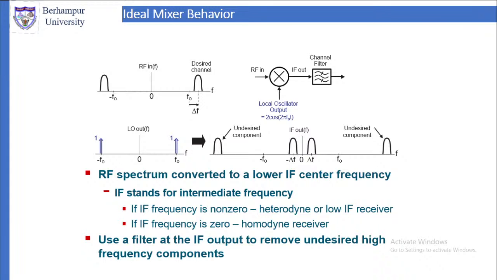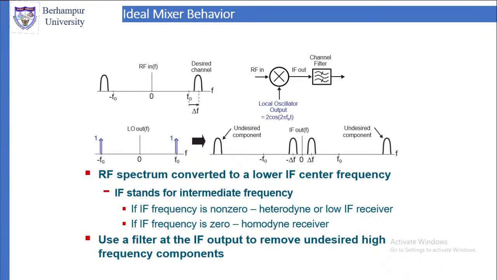So in the bottom right figure, you can see the IF output is spreading over plus minus delta F on both sides of 0. Then F0 plus minus F0 is on both sides of 0. So from plus minus F0 it has shifted towards the left.